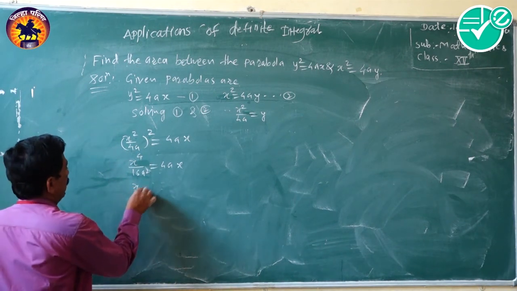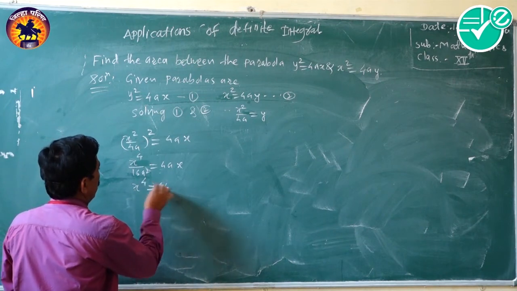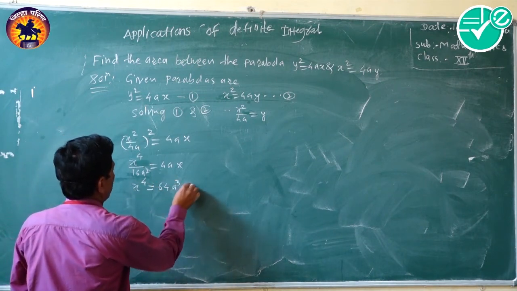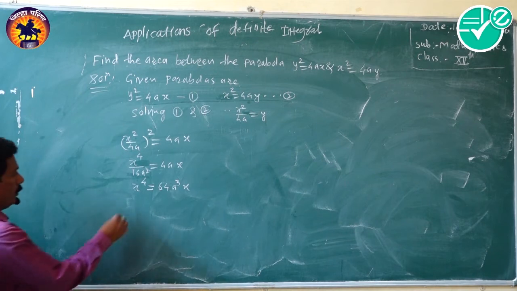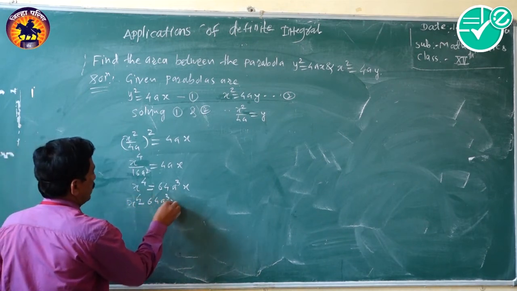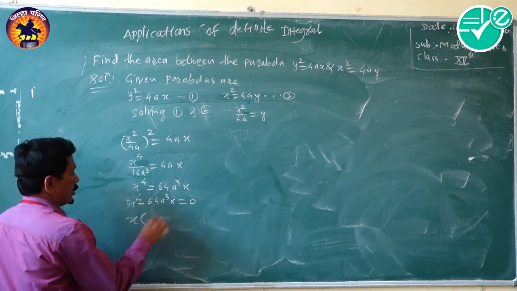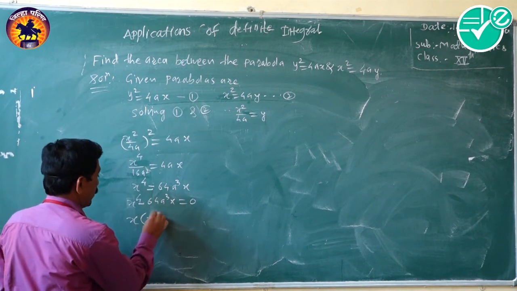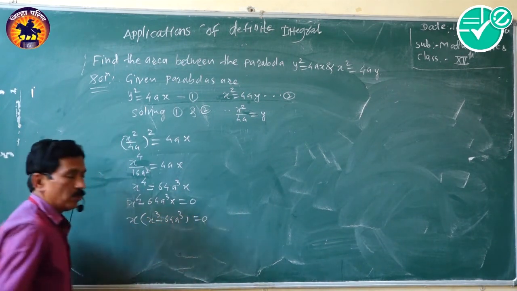Therefore this is nothing but x raised to 4 is equals to 64a cube x, and therefore x raised to 4 minus 64a cube x is equals to 0. Taking x common, x cube minus 64a cube is equals to 0.